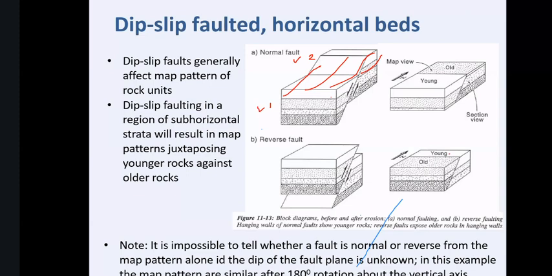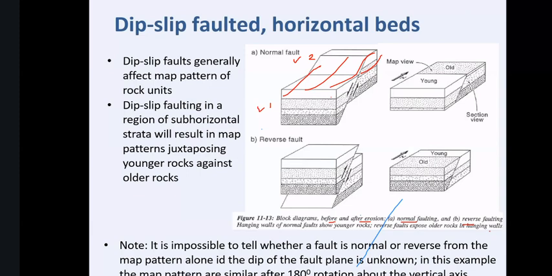All right? So this block diagram shows us before and after erosion. You have A, normal faulting, B, reverse faulting. The hanging wall of the normal fault shows younger rocks, and the reverse fault exposes older rocks in the hanging wall.